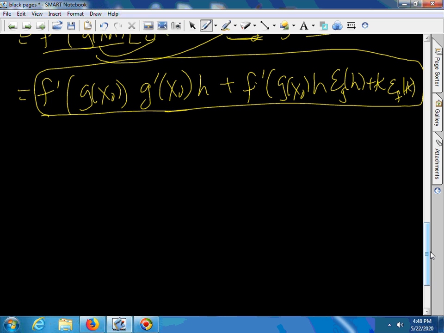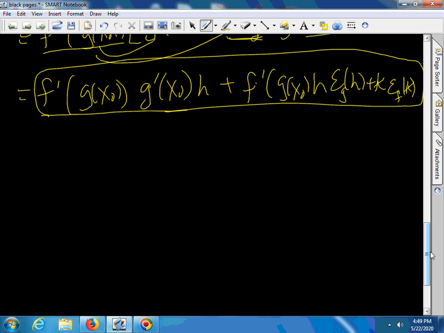So, we now know that f composed with g of x0 plus h minus the f composed with g function of x0 is equal to the line above. Now, since I'm not going to have space, I need to write this on two lines.